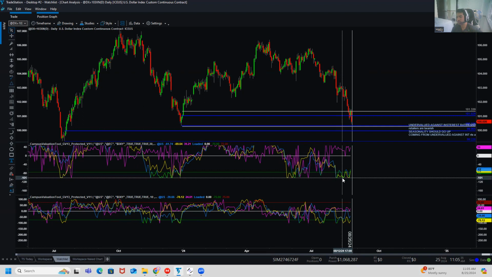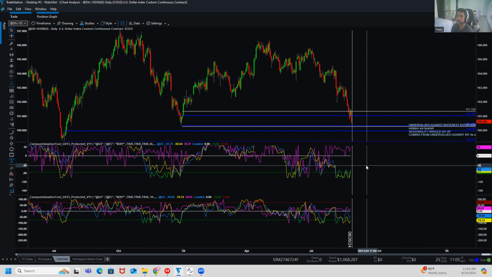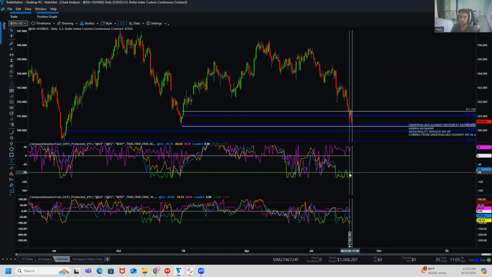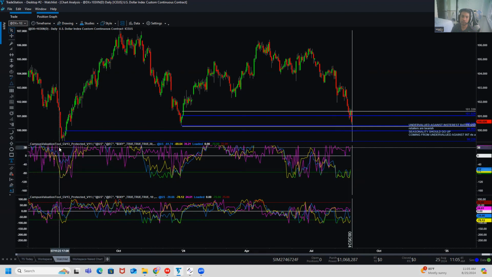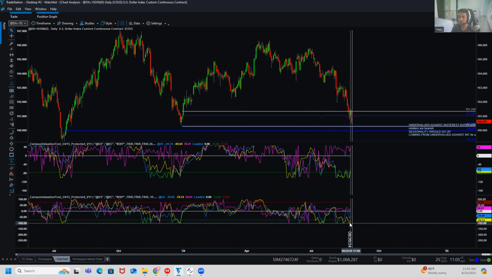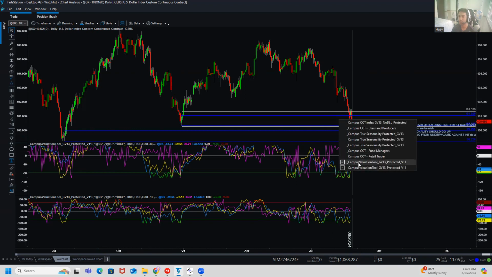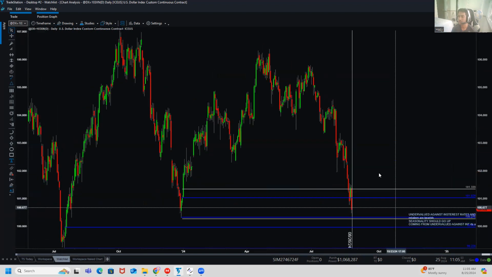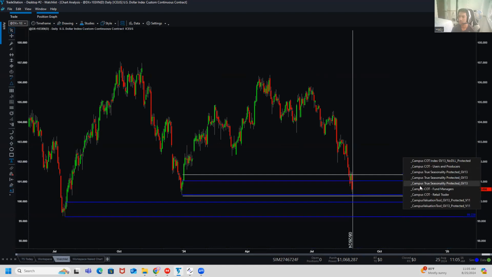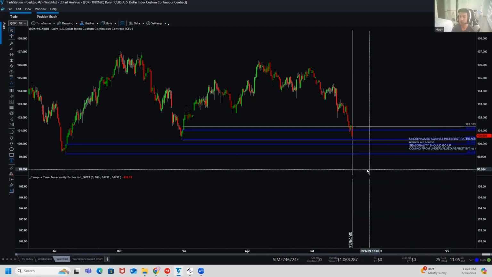The euro is represented by the yellow line. So long-term we're undervalued against the euro, and in the short-term we're currently undervalued against the euro. So that's another good confluence.